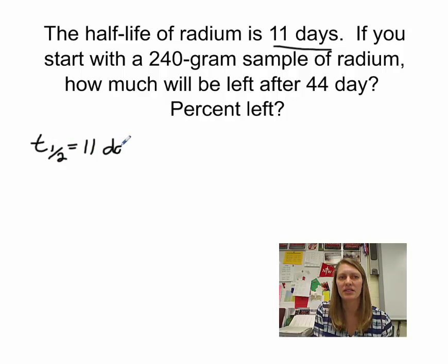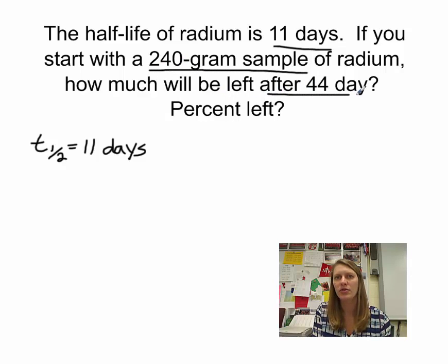I also underlined it in the problem to help me with it. It says if you start with a 240 gram sample of radium, how much will be left after 44 days? And then we're also going to look at the percent left. Now there is a logarithm type equation in order to solve for this exactly, but we're going to just break it down and think through the concept instead for right now.